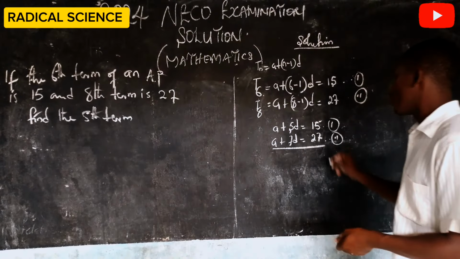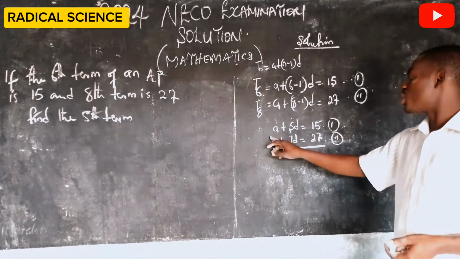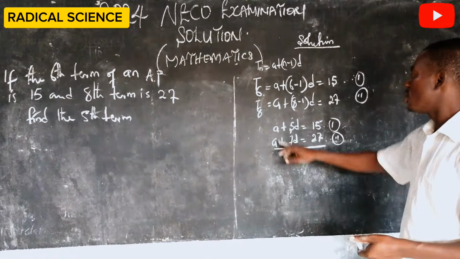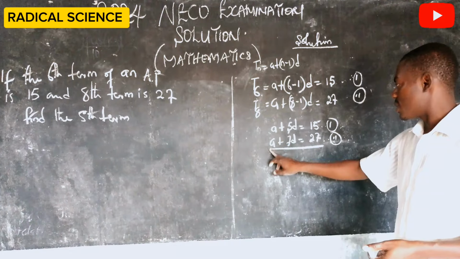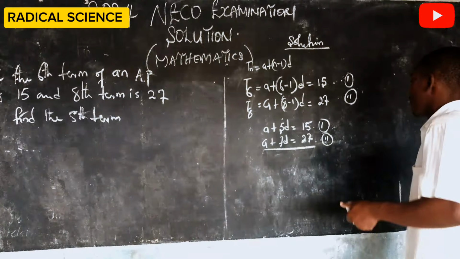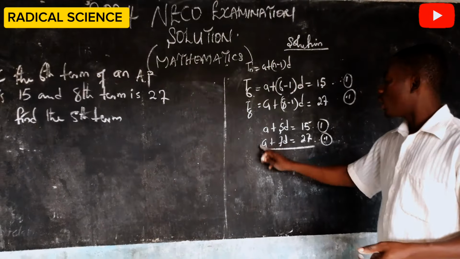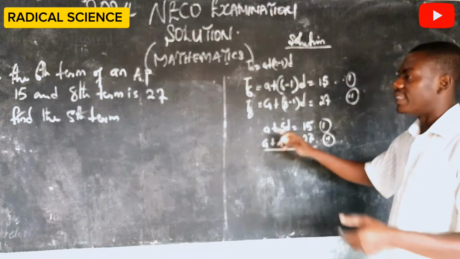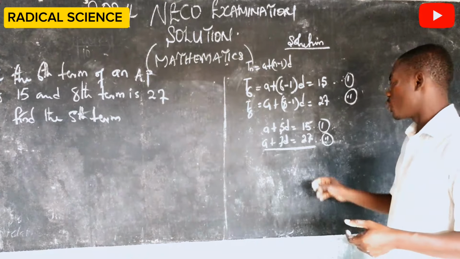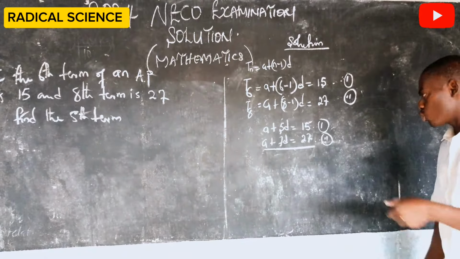When the coefficients of A are equal, we subtract equation 1 from equation 2.